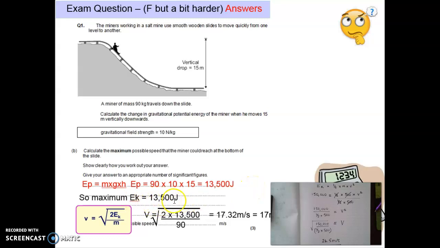Substitute that, the maximum it could possibly be, into either this equation or the maths method that I showed you earlier in the video. It gives us an answer of 17.32 meters per second, so 2 significant figures, 17 meters per second.